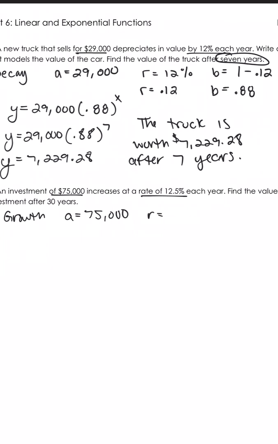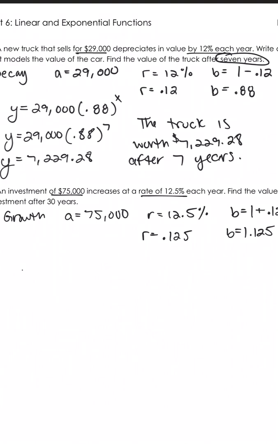My rate is 12.5%. To make that a decimal, I move my decimal spot 2 spaces to the left. It turns into 0.125. To find B, this is growth, so I am adding that percent to 100. So my B value here is 1.125.